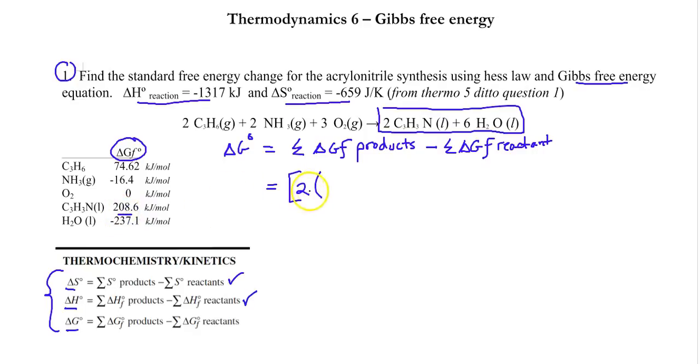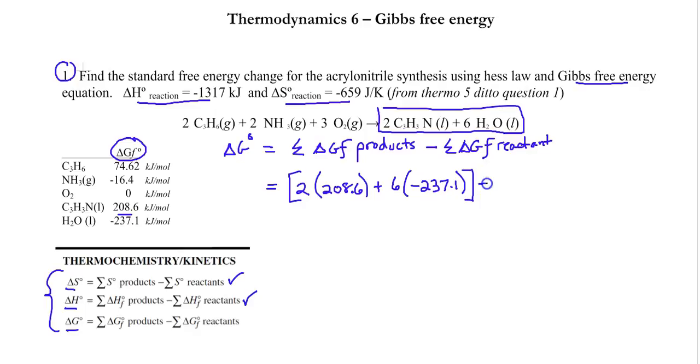So 2 times 208.6. And what else do we have? It's a summation, right? Plus 6 times the delta G of formation of liquid water. Carefully, I only have it listed as liquid, so who cares? Negative 237. Don't forget your signs.